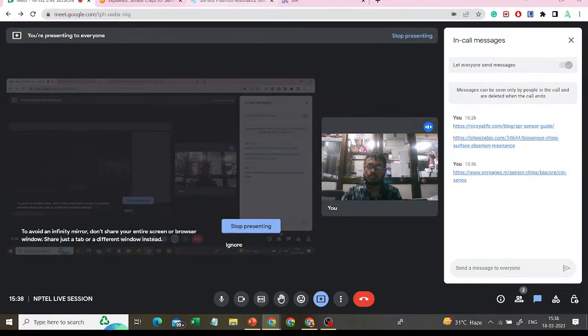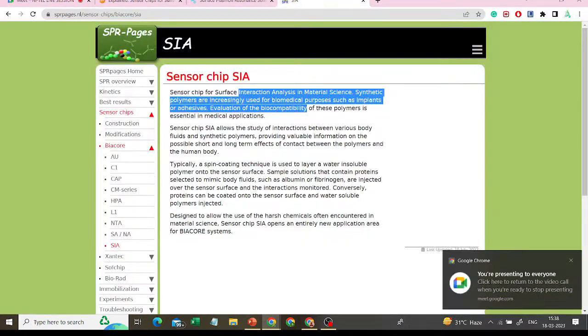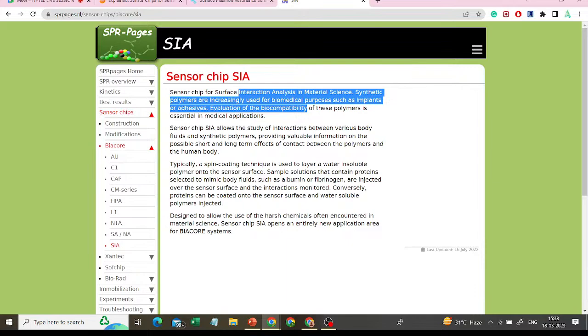So this gives us an excellent overview of surfaces and chips. I think you should not have much confusion about the carboxylated dextran and all those.